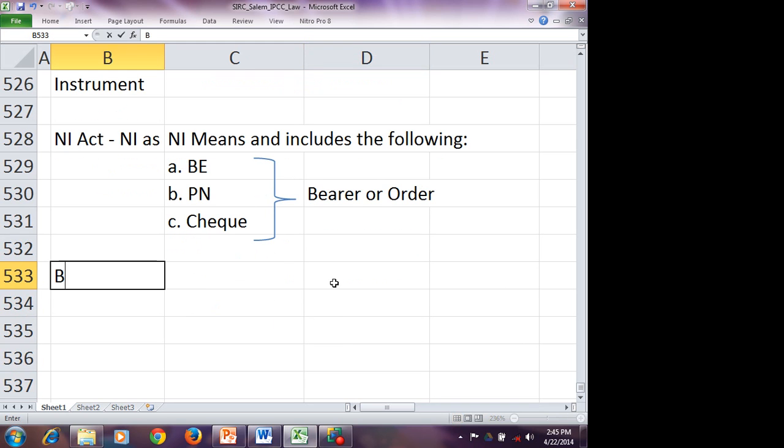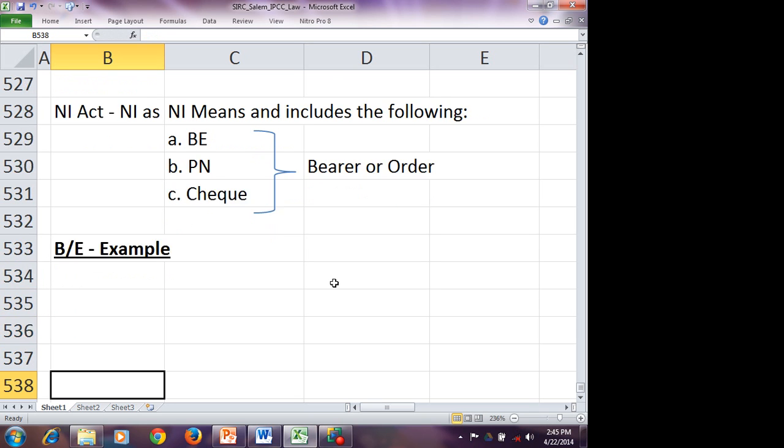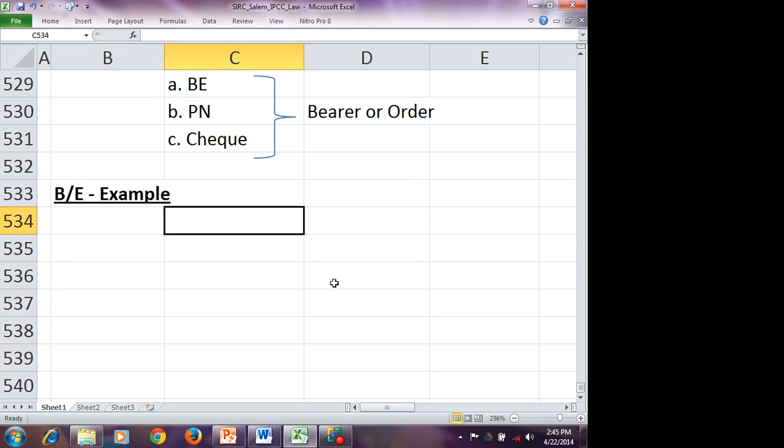Let's take first an example of a bill of exchange. Let's assume A sells goods to B for ₹1 lakh.